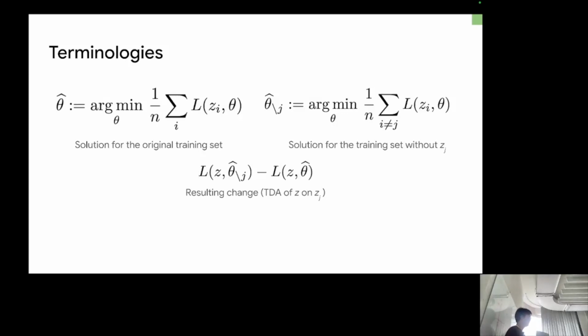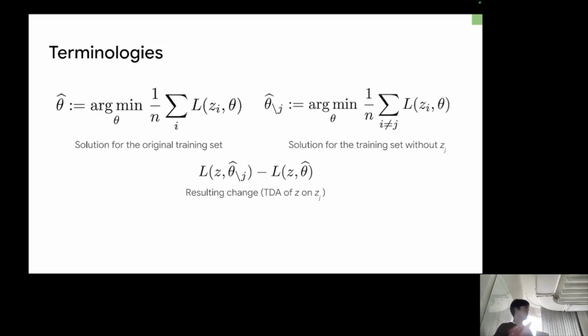Given this, we can further define the solutions. We have two kinds of solutions. One is when you just use the vanilla training set. That's going to be theta hat, the minimizing theta for the ERM problem. There's only going to be a single solution here, so it's a deterministic function again. Theta hat minus j is defined as the solution when you remove Zj from the training set.